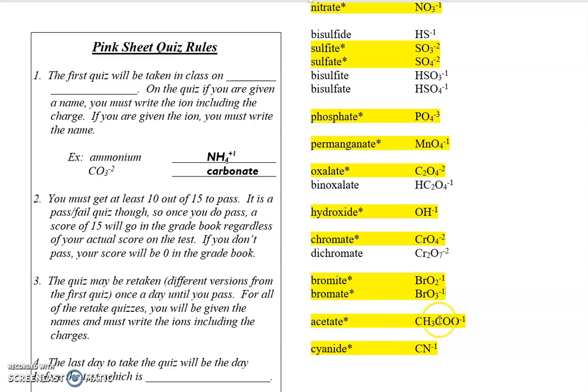Okay. Acetate's this long one, and it can be written a different way. Acetate could also be C2H3O2.